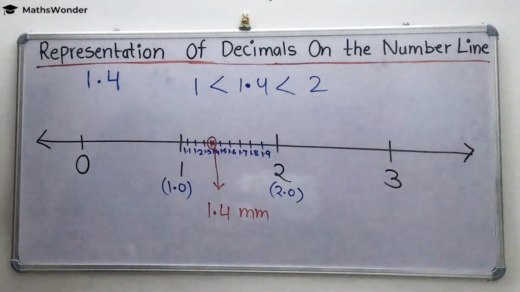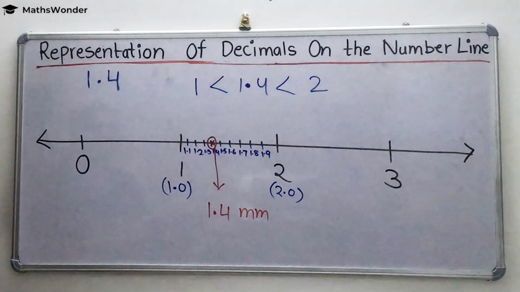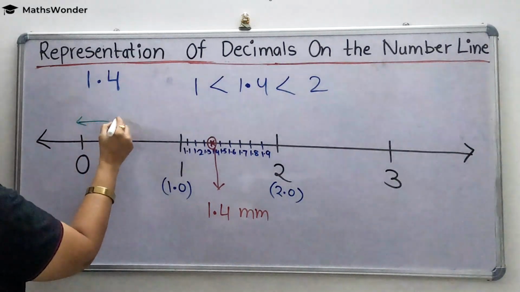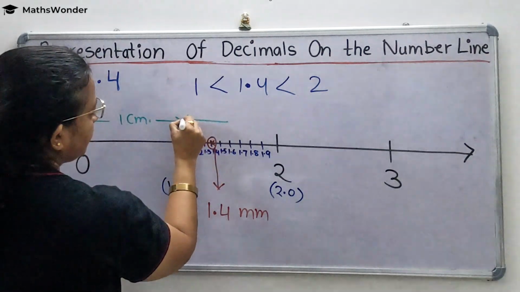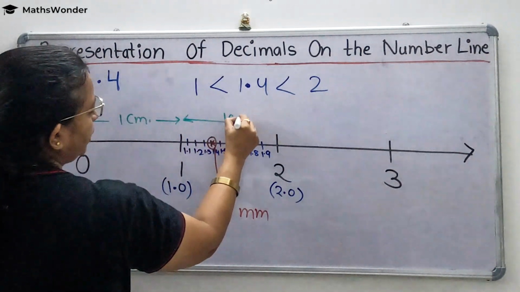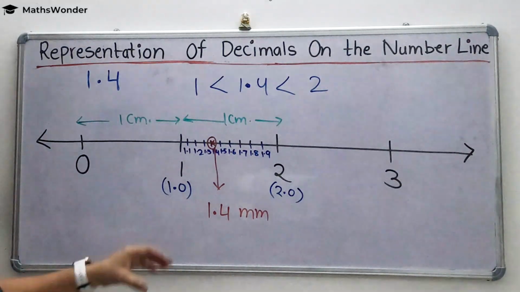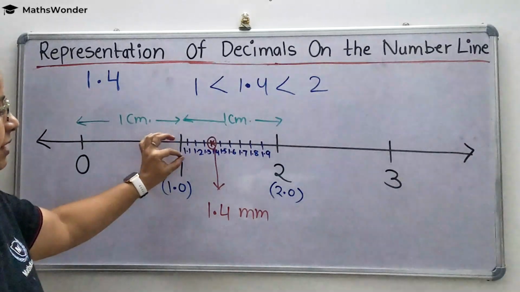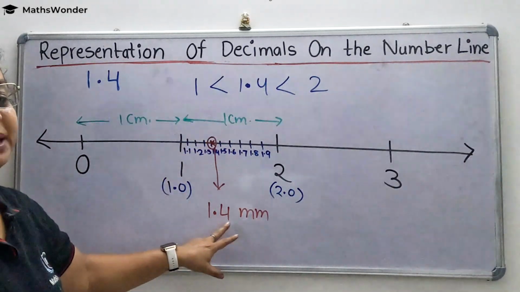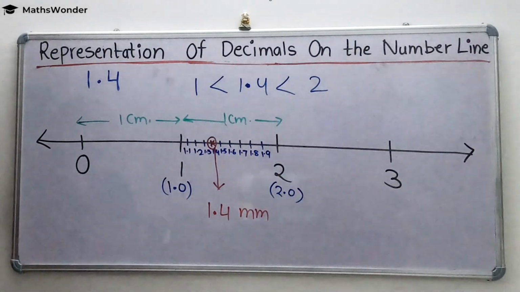Every number is in centimeters. Between 1 centimeter there are 10 equal parts, and every part represents a millimeter, because 1 centimeter is equal to 10 millimeters, which we will learn in unit conversion.